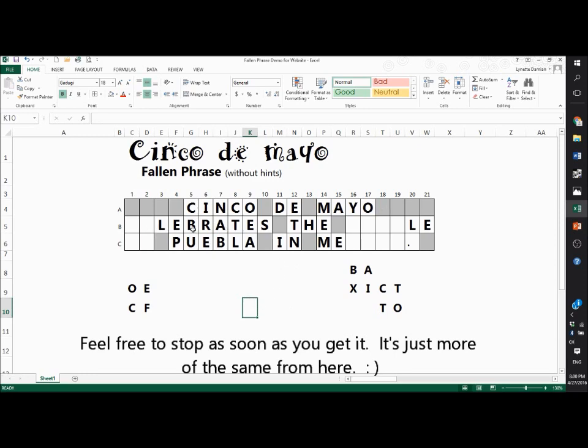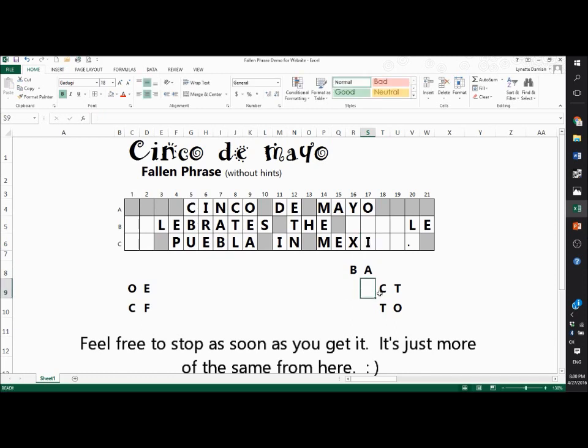So I have Cinco de Mayo something, the something, something, Puebla in, oh, I have an X right here, so I'm going to guess that this is Mexico. Let me see.